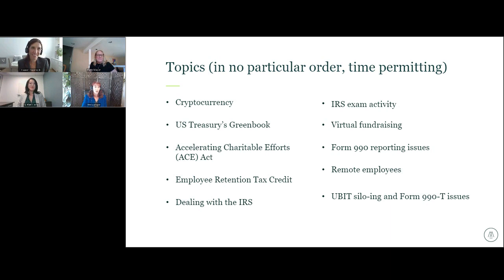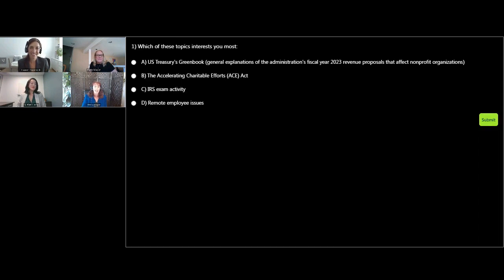So with that, we would like audience participation. Not only do you need to answer the questions for CPE, but we would like to know which topics you'd like to hear about. So the 4 that we're going to start with, if you could please vote.